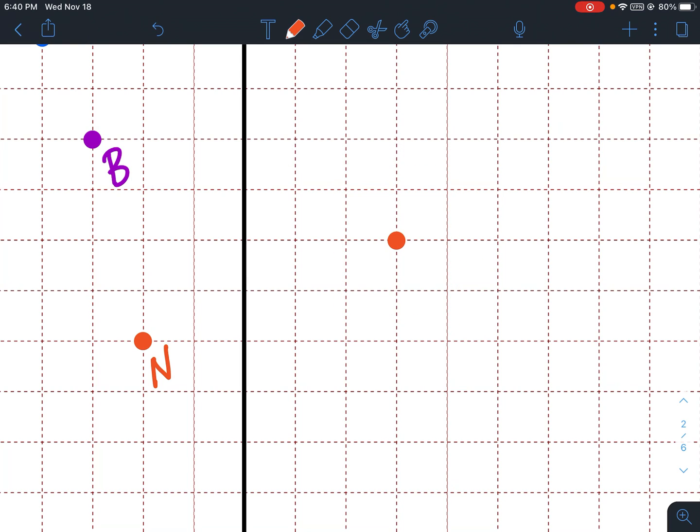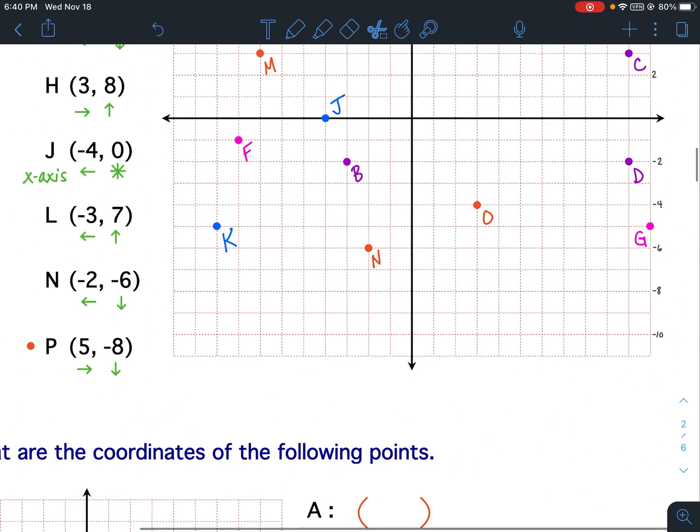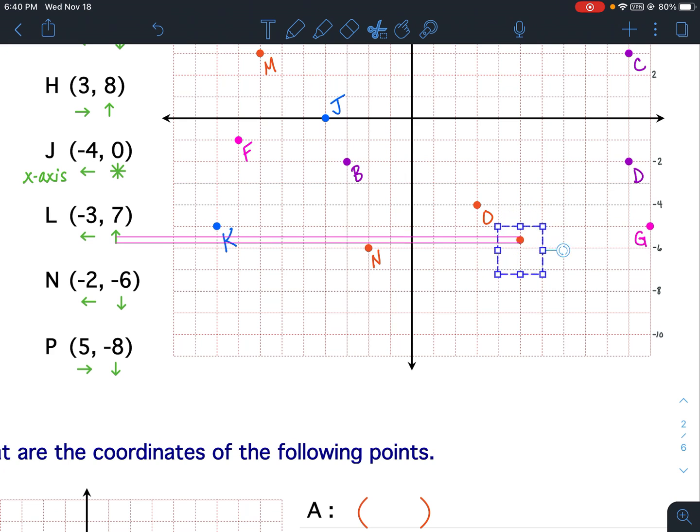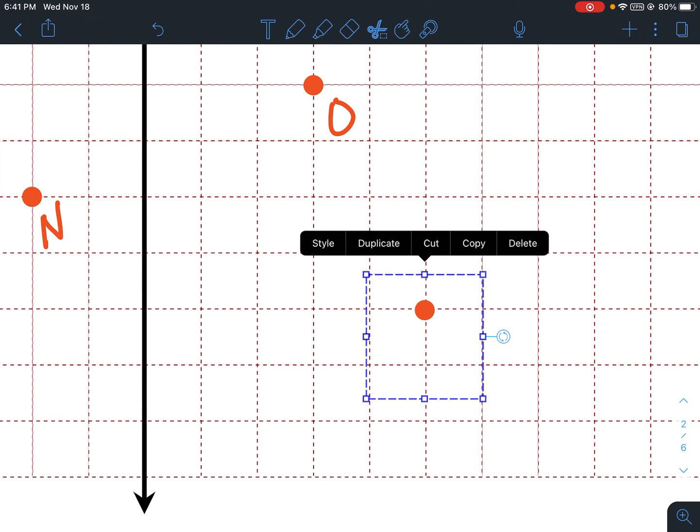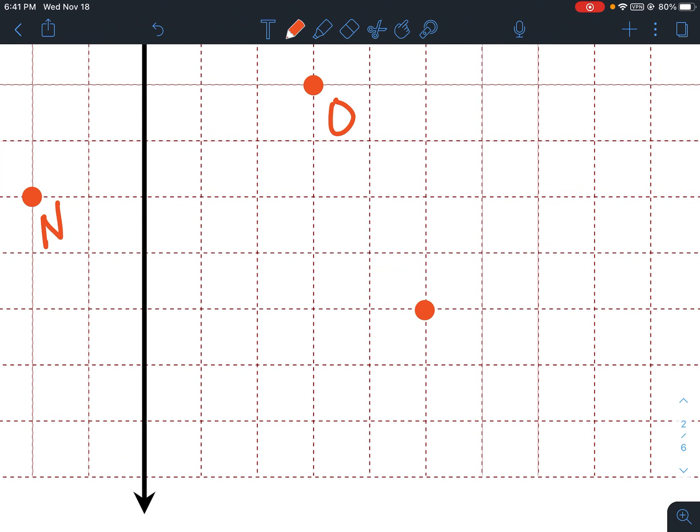That's O. Last one is P, to the right 5, and then down 8. So 3, 4, 5, and then down 8. So this was down 4, 5, 6, 7, 8. And that is P.